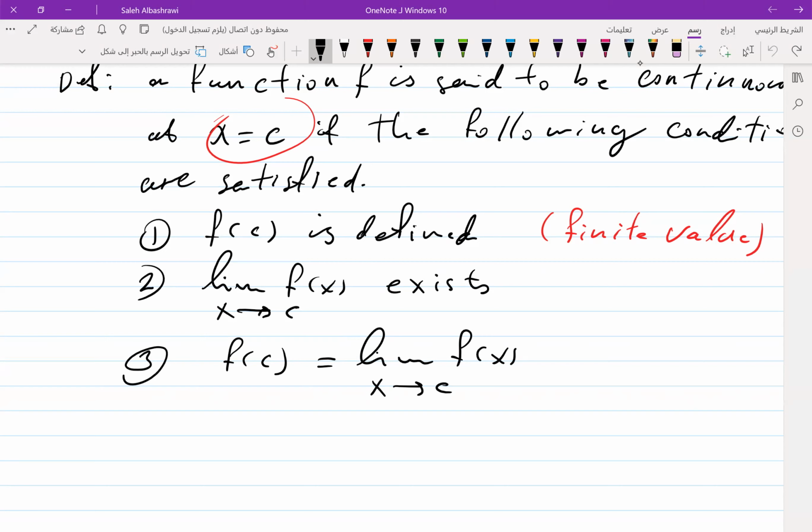Now let's explain these three conditions with different types of examples. Example number 1.